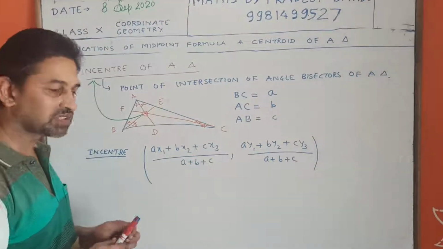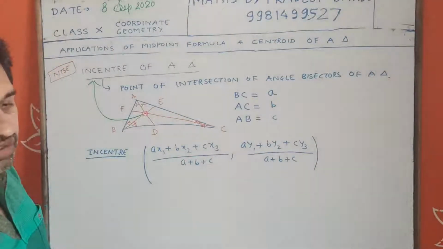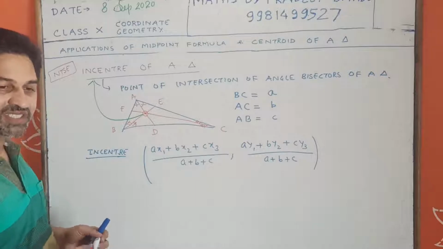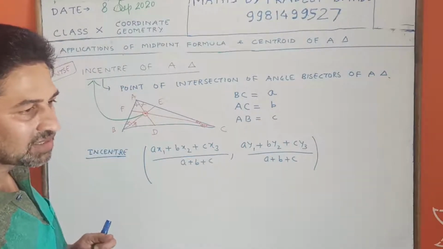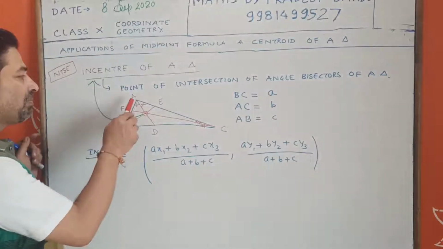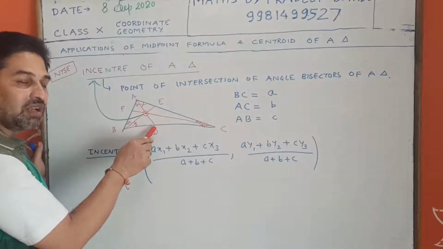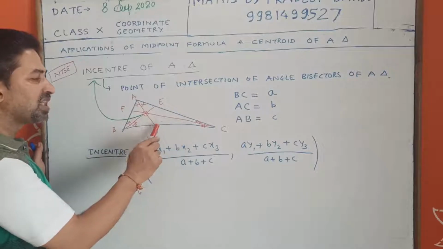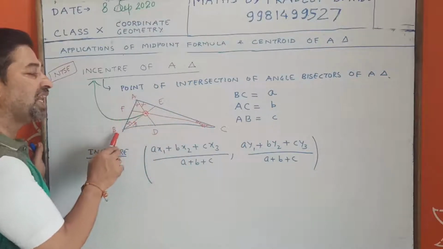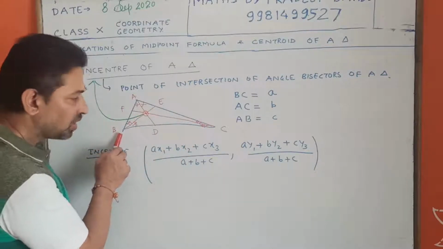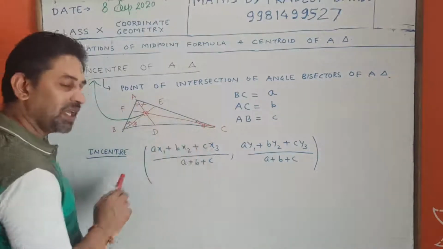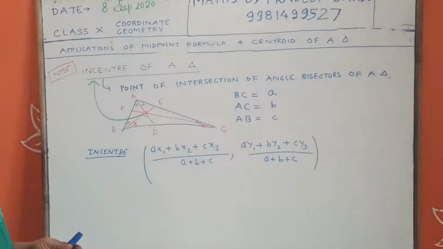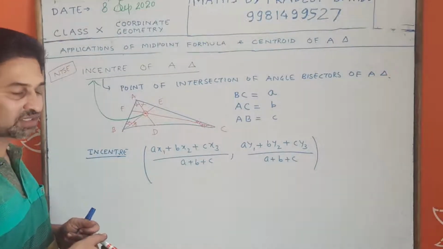For your knowledge, this formula has been derived with the help of the concept we proved in chapter 6, similar triangles, that the bisector of an angle of a triangle divides the opposite side in the ratio of the sides containing the angle. That is, BD upon DC is equal to BA upon AC. We proved this internal bisector theorem.